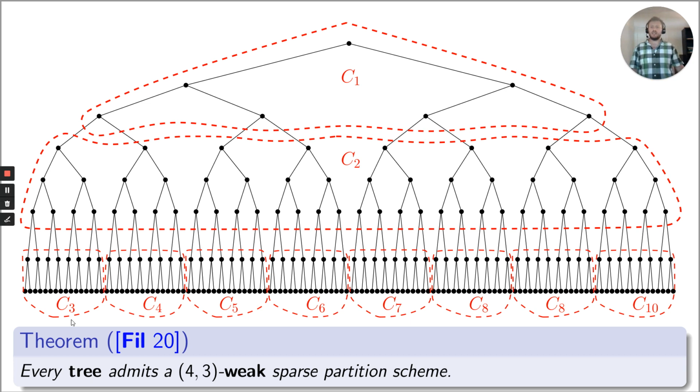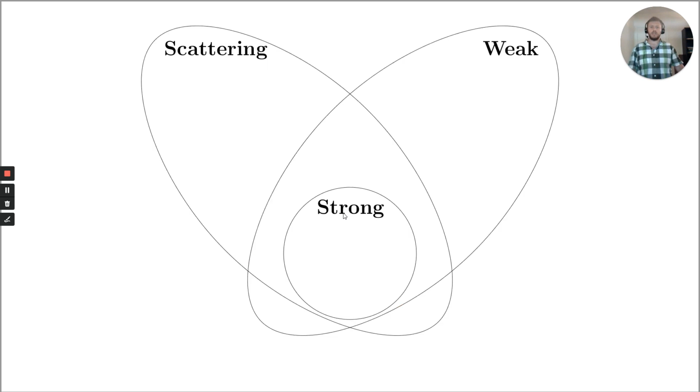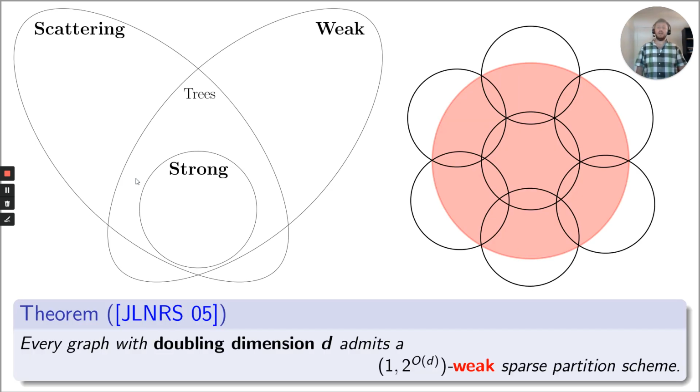So you can see this is not connected here, but still all these vertices have a common ancestor not far away, so they have bounded diameter and all is working well. So this is great. So we can put trees here. They admit scattering partitions, they admit weak sparse partitions, but they do not admit strong sparse partitions with good parameters.